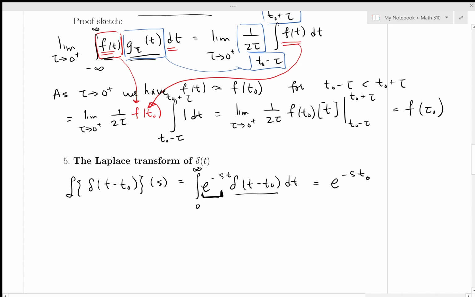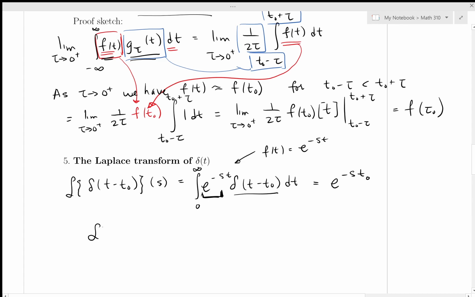Okay, so what I'm saying here is that f of t equals e to the minus st when I'm comparing with that integral from above. So we now know what the Laplace transform of the Dirac delta function at time t naught is. Let me just write that out again.